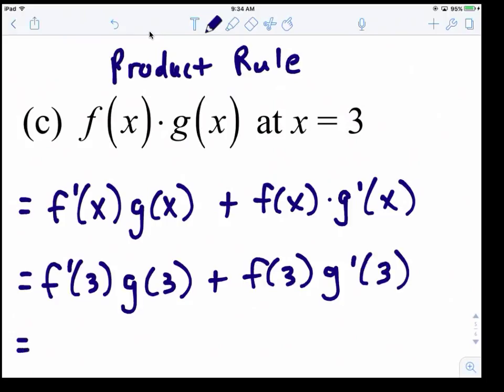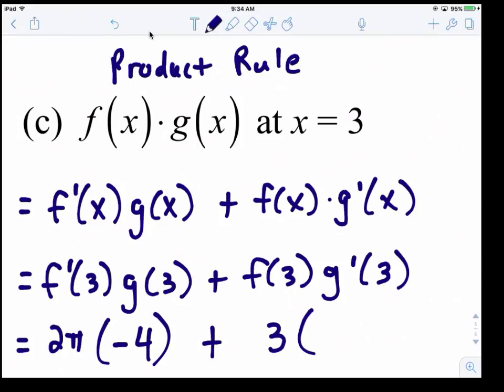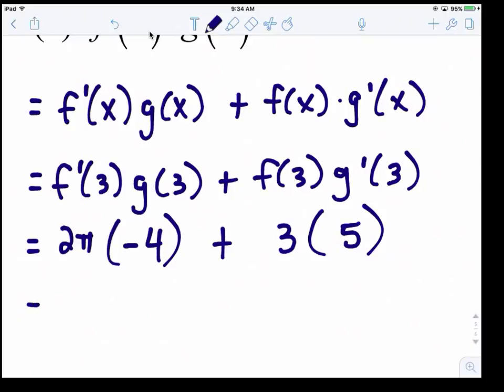So f prime of 3 we know is 2 pi, and g of 3 is what? Okay. Plus f of 3 I know is 3. And then g prime of 3 is 5. So I get negative 8 pi plus 15.